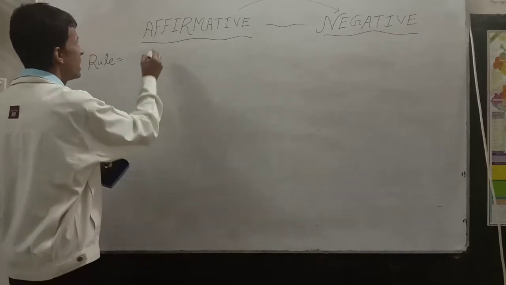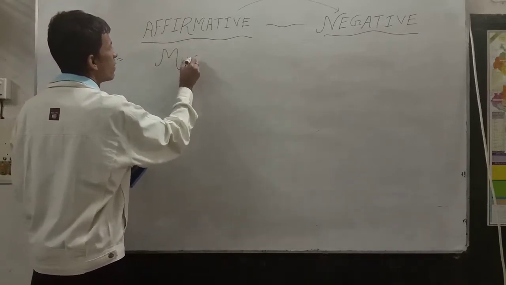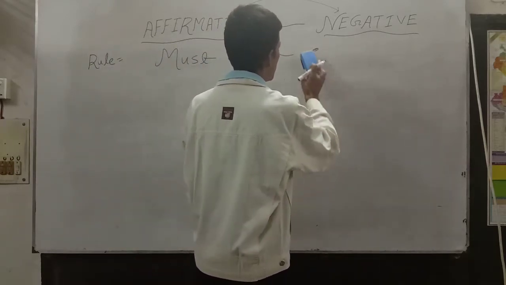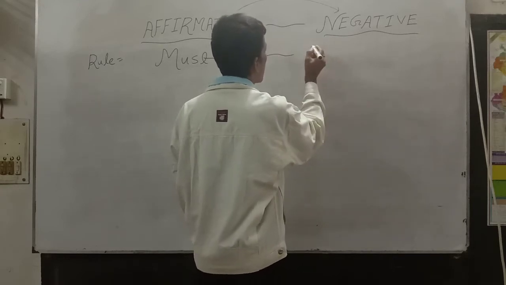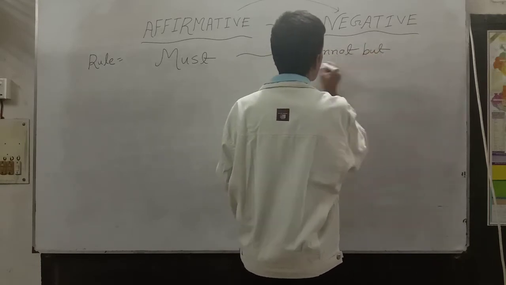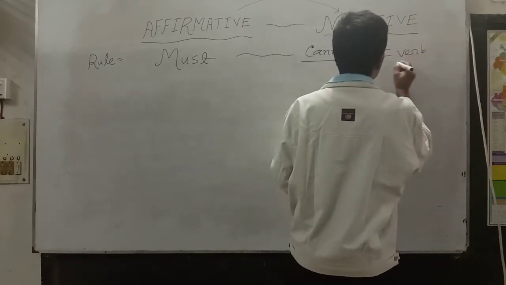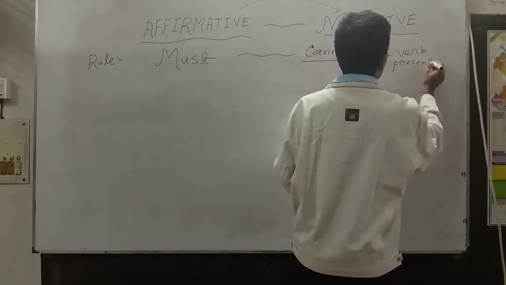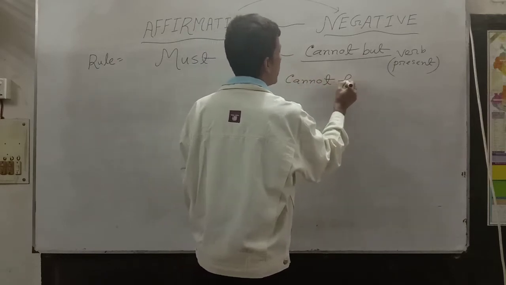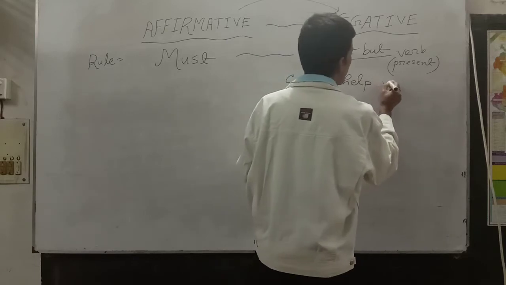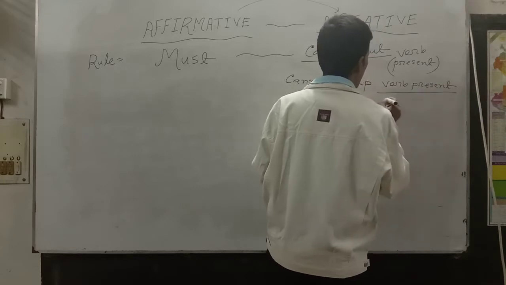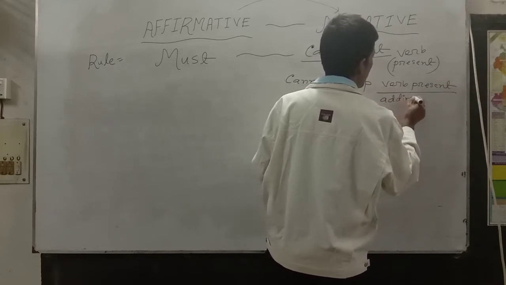Rule: if the affirmative sentence includes must, then you will have to write cannot but plus the present verb, or cannot help plus the present verb adding ing.